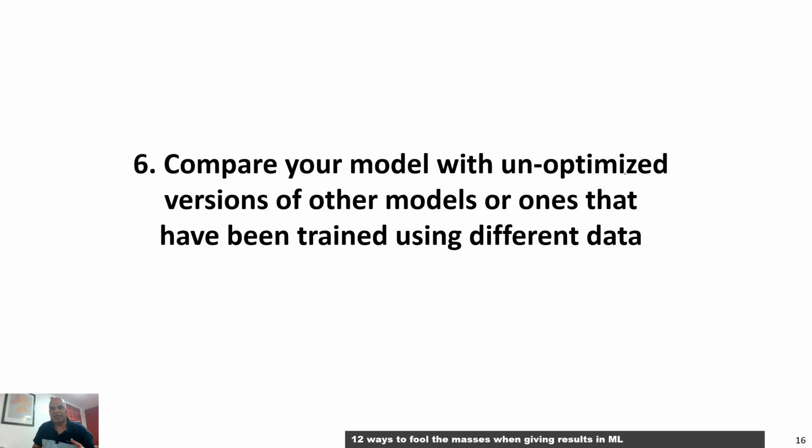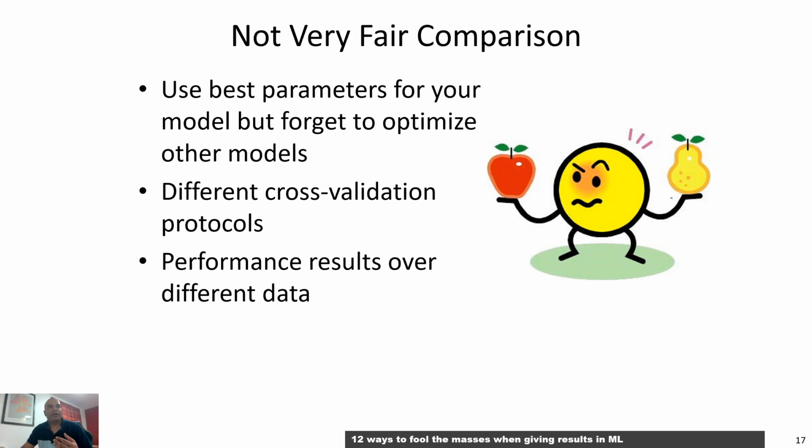You can find the optimal set of parameters for your model, but not do the same thing for other models, and that's going to give lower results for other models, even though they might be better than what I've just proposed, but we'll never find out, right? So always try to do a head-to-head, apples-to-apples comparison.